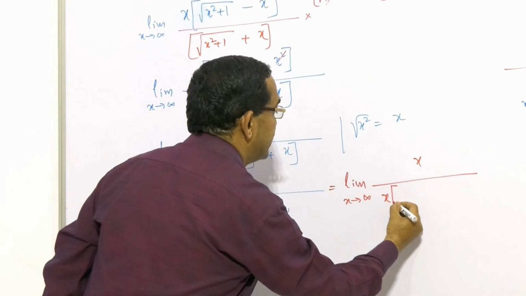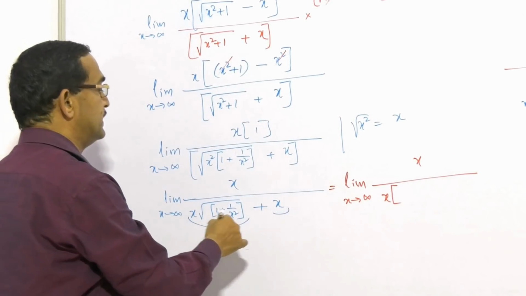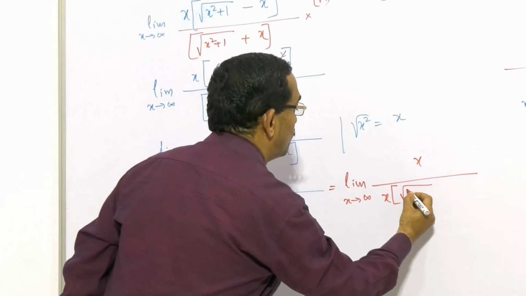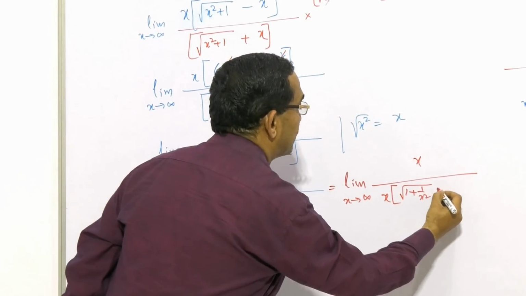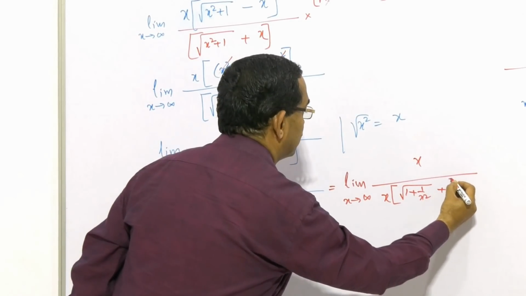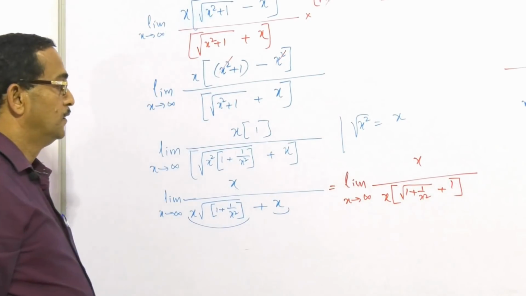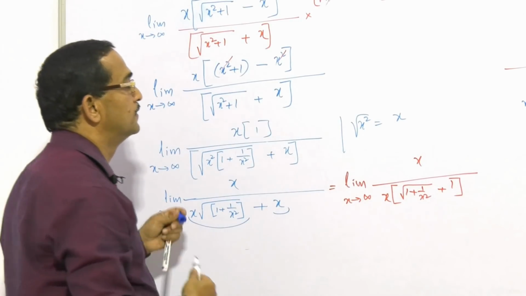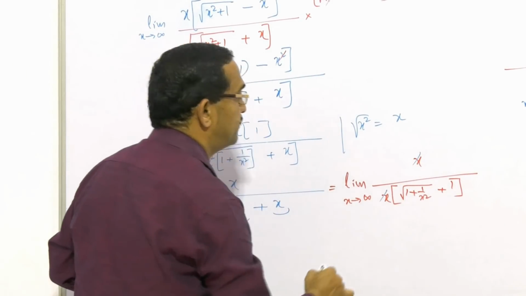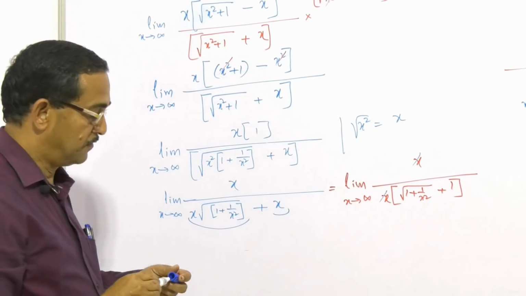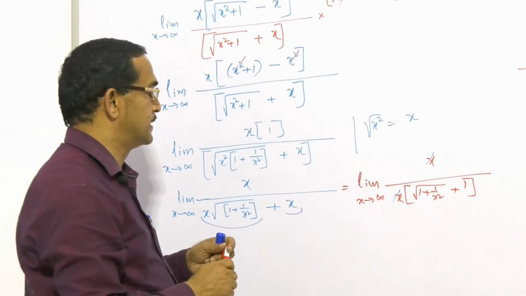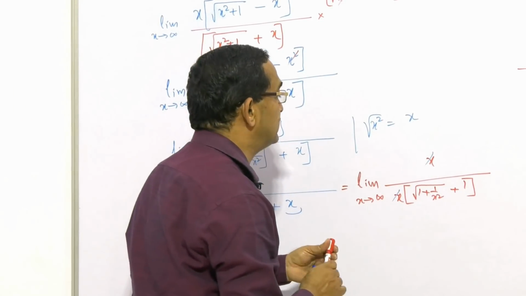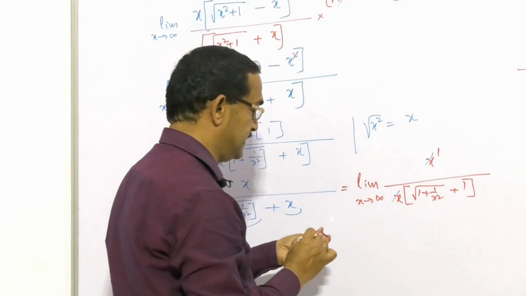So if I take x common, then what I am getting within the root sign is 1 plus 1 by x squared, plus 1, is it not? So now just observe what term will cancel. This x and this x will cancel. So after cancelling, you can apply the limit, and what is left here is 1.